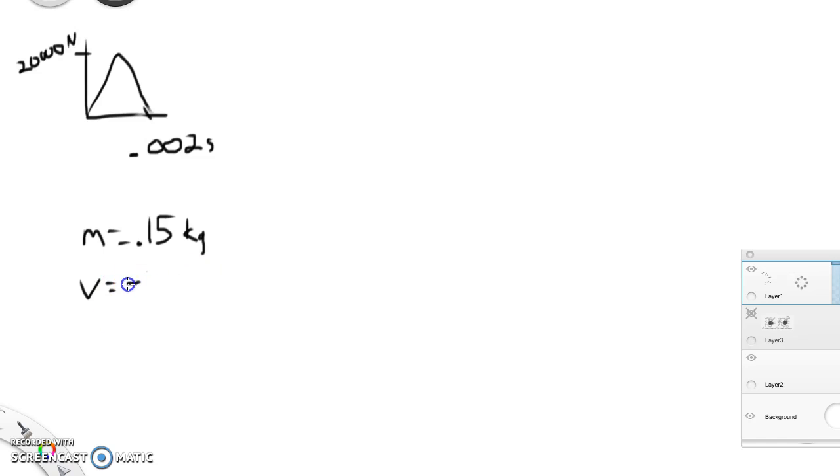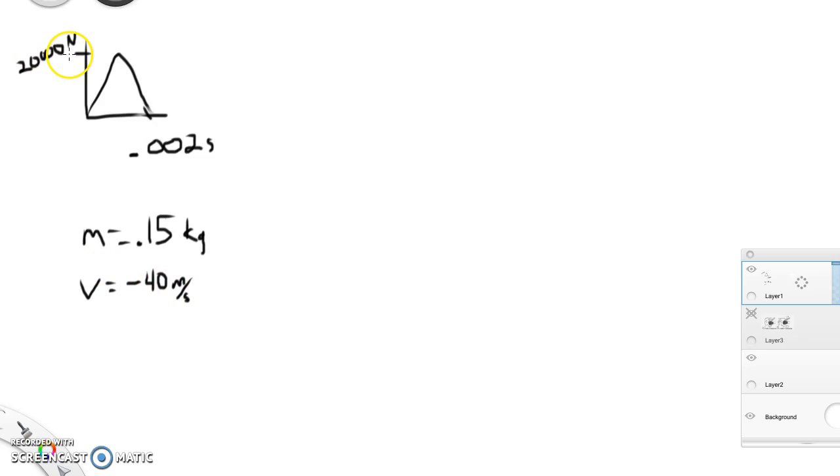So let's say it's got a velocity of negative 40 meters per second, which would be maybe around 90 miles per hour, okay?